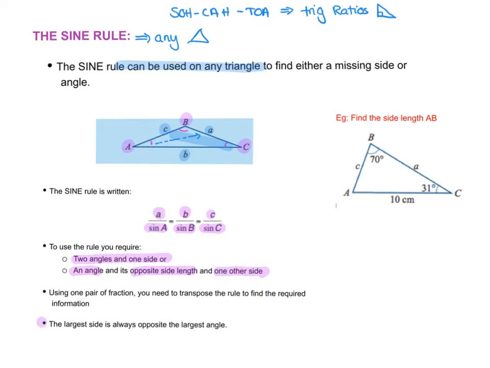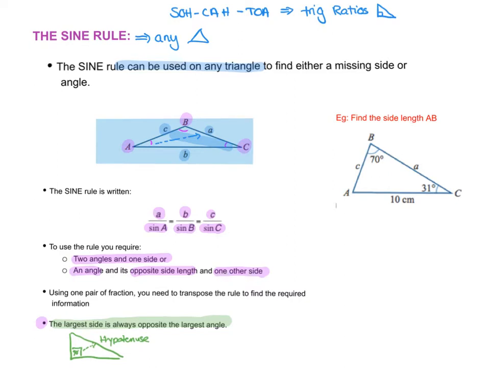Sometimes they ask us to find the largest side, and you just need to be aware that the largest side is always opposite the largest angle. That makes sense in a right angle triangle: 90 degrees will be the biggest angle, and opposite the 90 is the hypotenuse, which you know is the largest side in a right angle triangle.